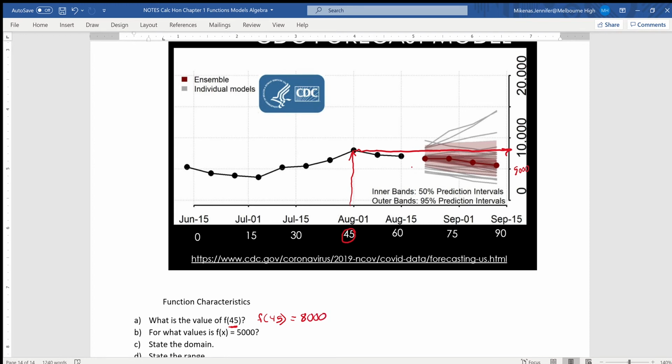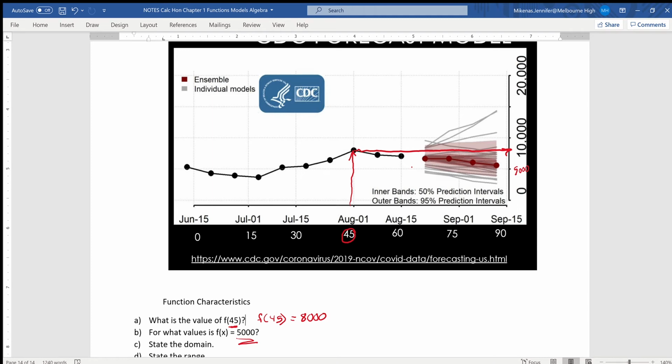My next question is, for what values is f of x equal to 5,000? So now they're telling me that y is equivalent to 5,000. So I'm looking along my y-axis, and I've already got 5,000 labeled on there from my previous example.